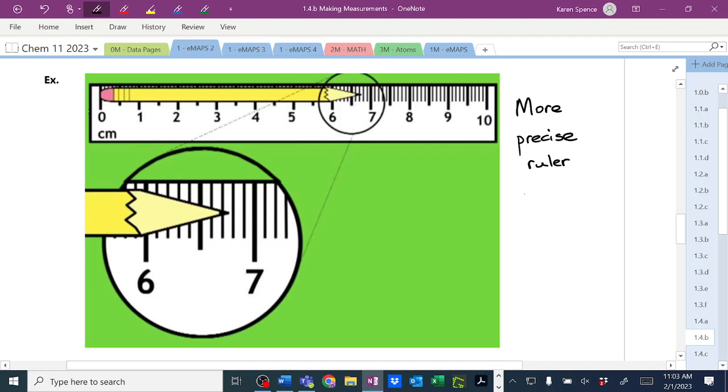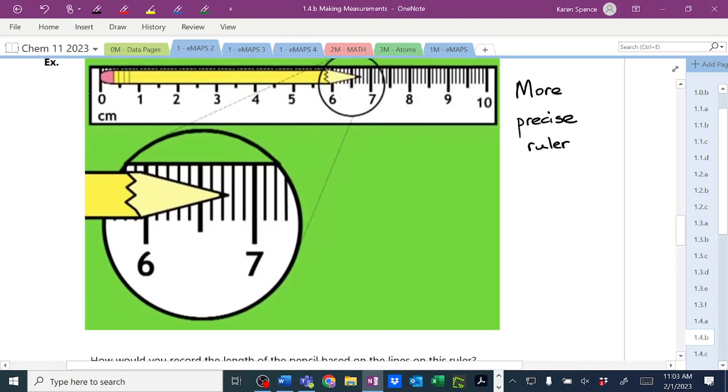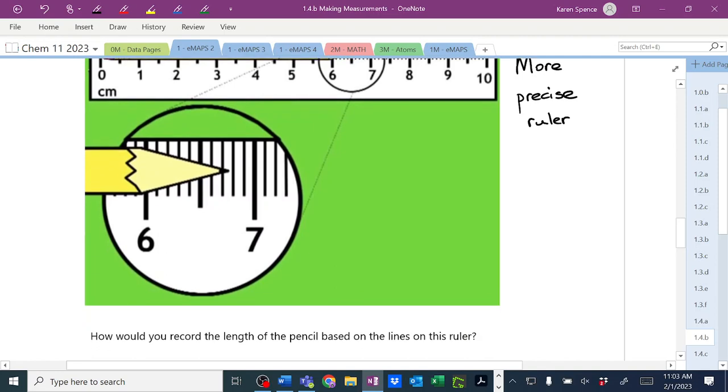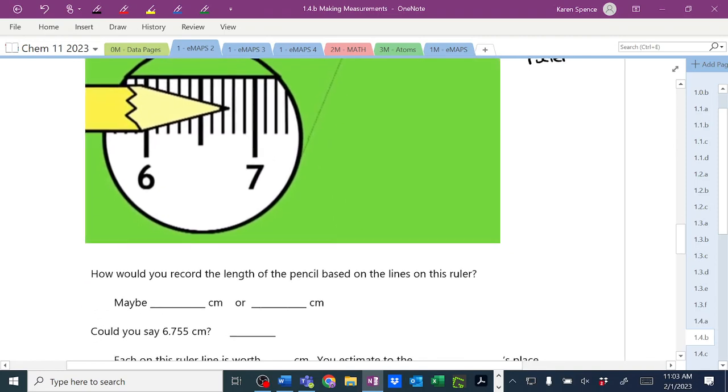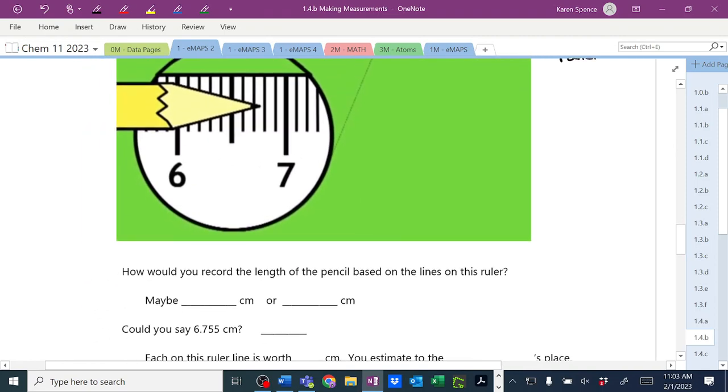All right, once again, give a measurement for that and then compare it with your partner. Compare what you think with your partner. What do you think?